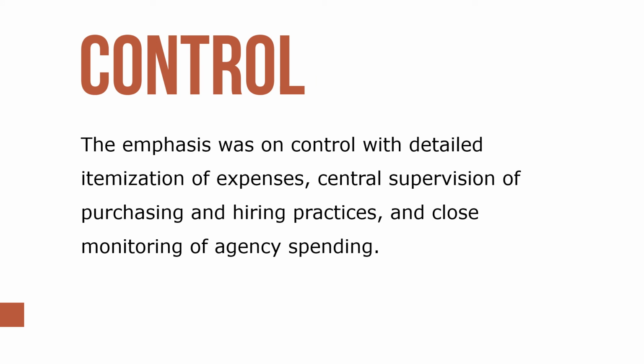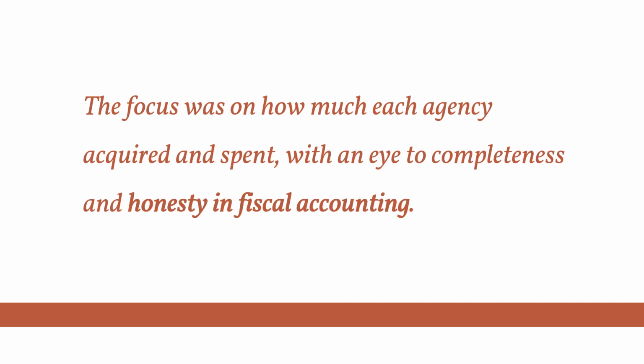The emphasis was on control with detailed itemization of expenses, centralized supervision of purchasing and hiring practices, and close monitoring of agency spending. The focus was on how much each agency acquired and spent, with an eye to completeness and honesty in fiscal accounting.